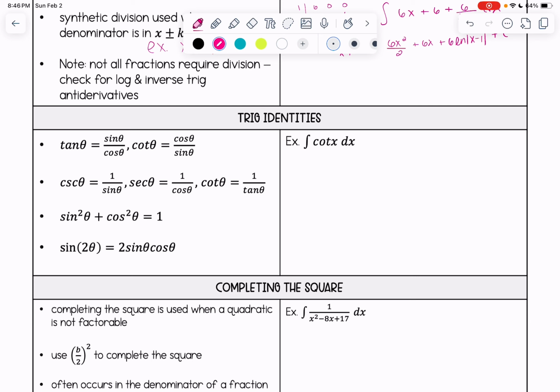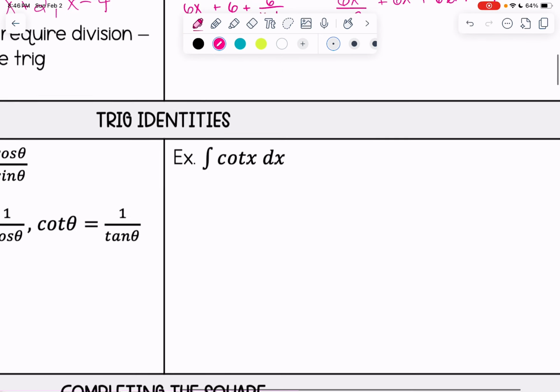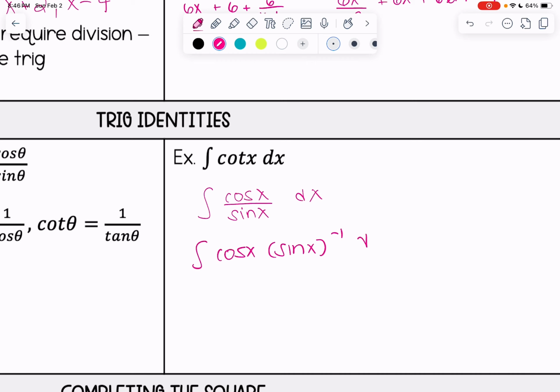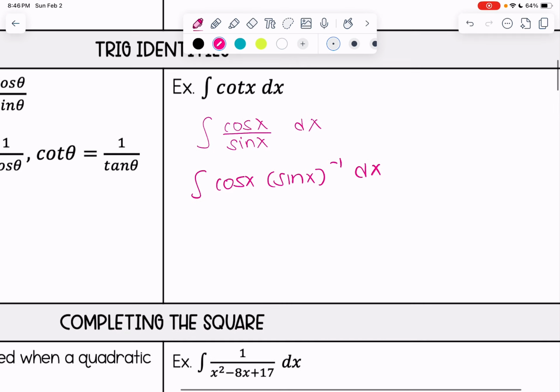All right, for our sample problem, we are going to be integrating cotangent of x, and that's going to need to be rewritten as the integral of cosine x over sine x dx. And I'm going to rewrite that one more time as cosine x times sine of x to the negative 1 dx.